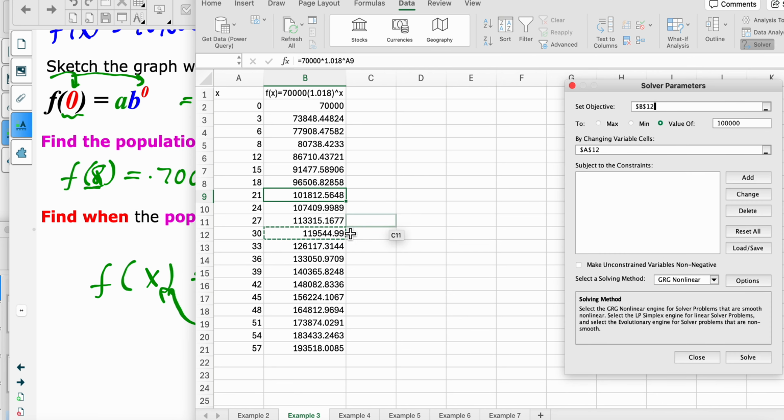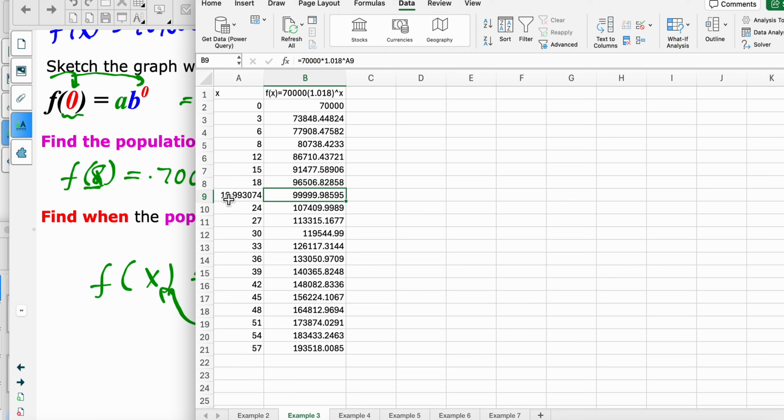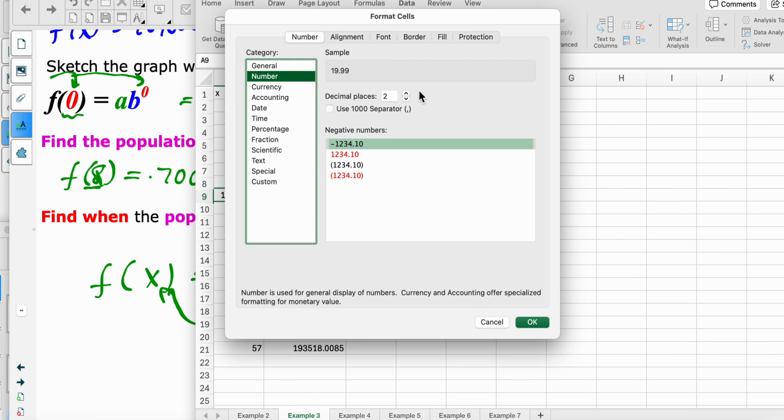I'm going to set my objective to be this cell here. I want to force it to a value of 100,000, and put the result right next to it and hit solve. That tells me in about 20 years, the population will be, if I round this, 100,000 people.